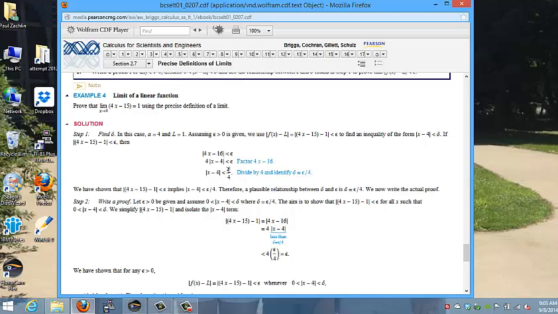But see, they didn't have a value for epsilon. They just said epsilon. That means for any epsilon you have, you can find a delta that works. All you have to do for this problem is divide by 4. Simple enough? Okay. But that's the reasoning behind it.